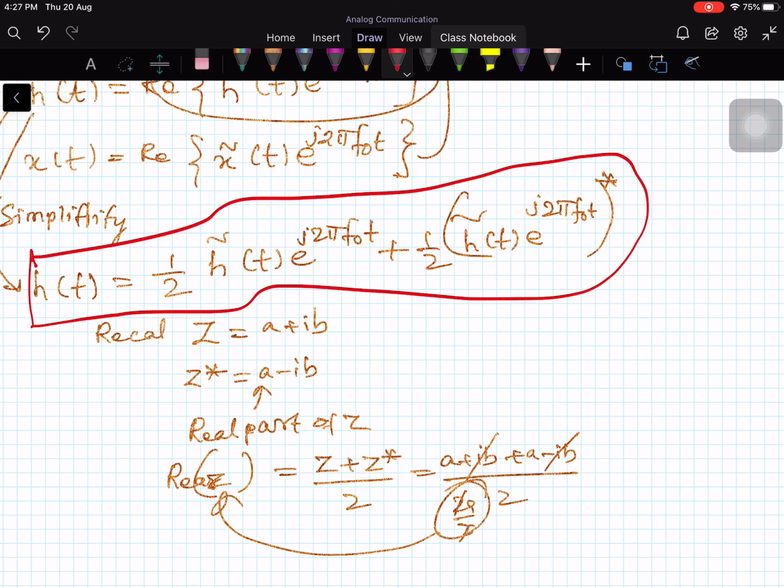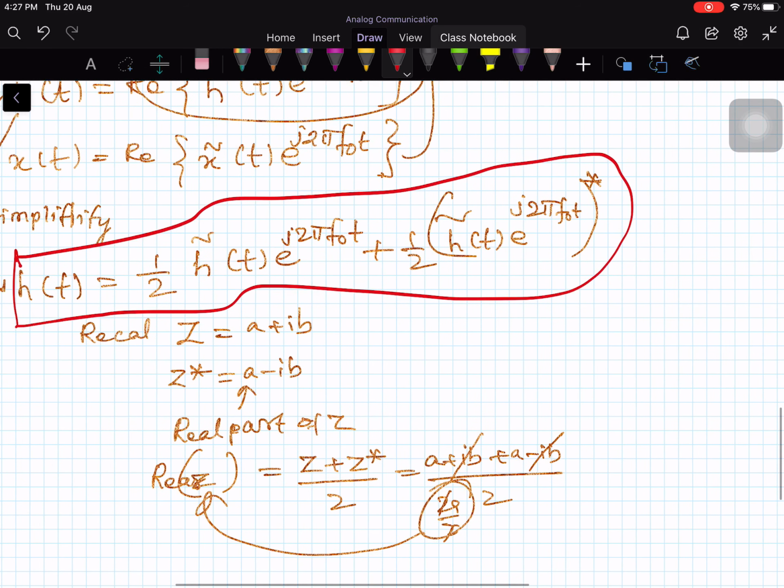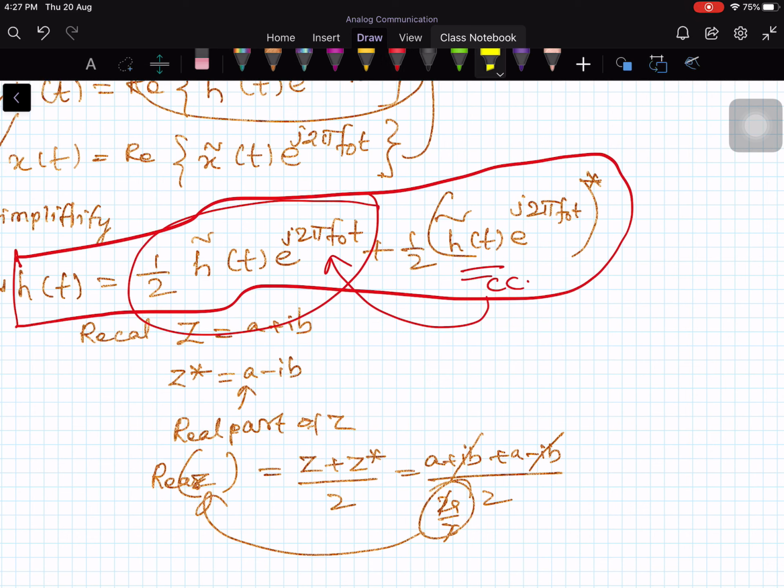This is the first part, and the second part is the complex conjugate of the first part.